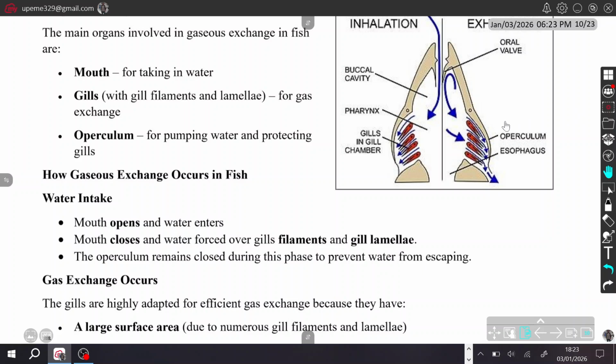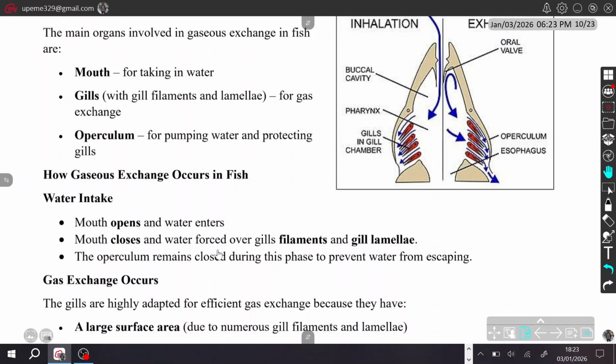The operculum is closed to make sure that the water doesn't come out immediately. So that's how gaseous exchange occurs. First, the mouth opens and water enters. The mouth closes and water is forced over the gills, filaments, and gill lamella. The operculum remains closed during this phase to prevent water from escaping.